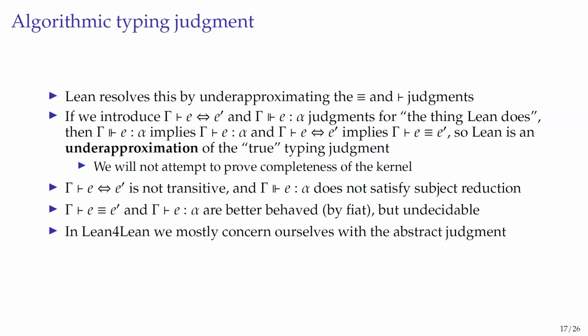So when people talk about it not being transitive, it depends on what you mean, whether you mean this relation or this idealized completion. In Lean4Lean, we're mostly going to be concerning ourselves with the abstract judgment. So the idea is if we can prove that the typing relation is consistent, even if we do this completion, then even if you're only doing some subset of that, it's still fine.